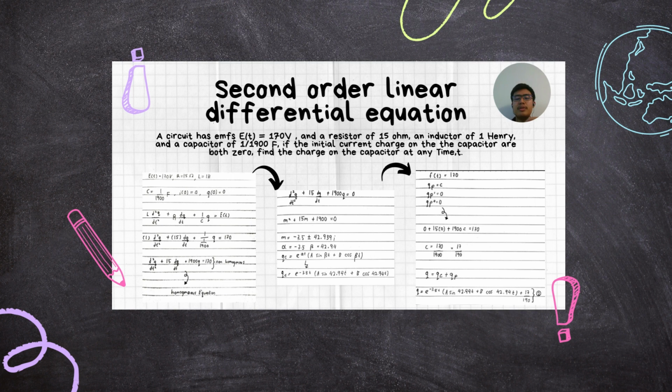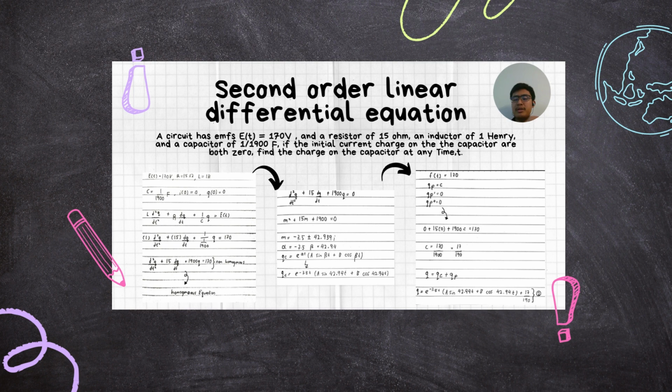So we insert the values. Qc equals e^(-7.5t) times (A sin 42.94t + B cos 42.94t). Next, for the value of f(t), it is 170 volts, which means it is equal to E(t).